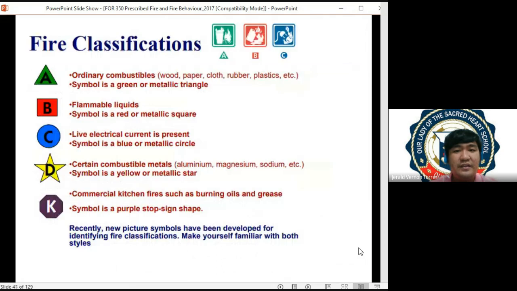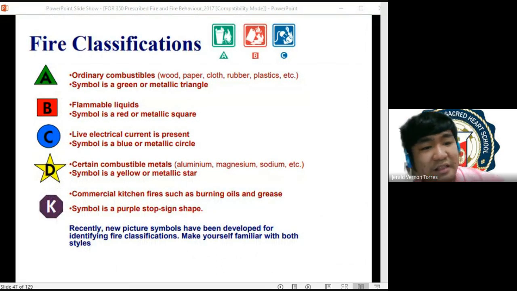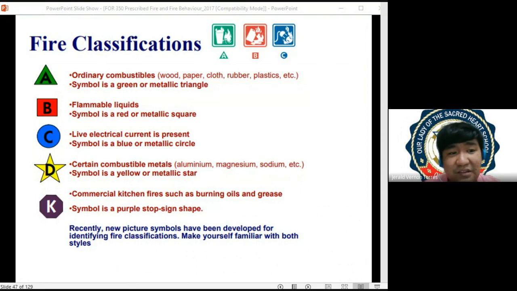So anyways, what we need to understand is meron tayong apat na klase ng fire. So meron tayong fires caused by combustible. Class A yan, due to ordinary combustibles such as wood, paper, cloth, rubber, and plastic.